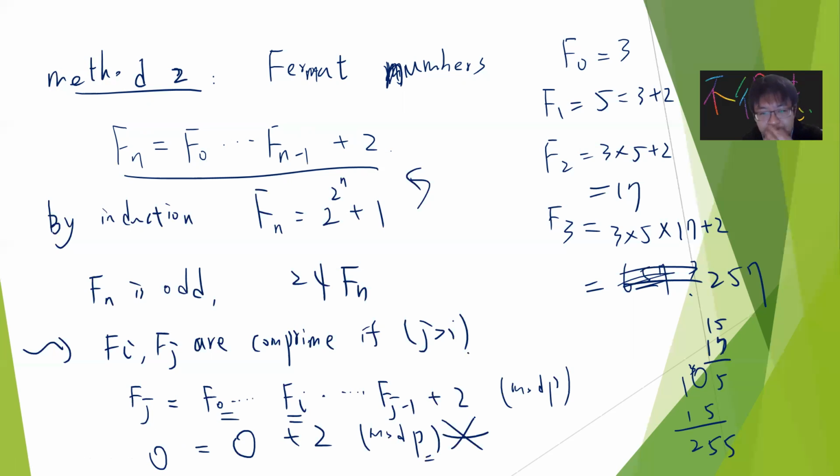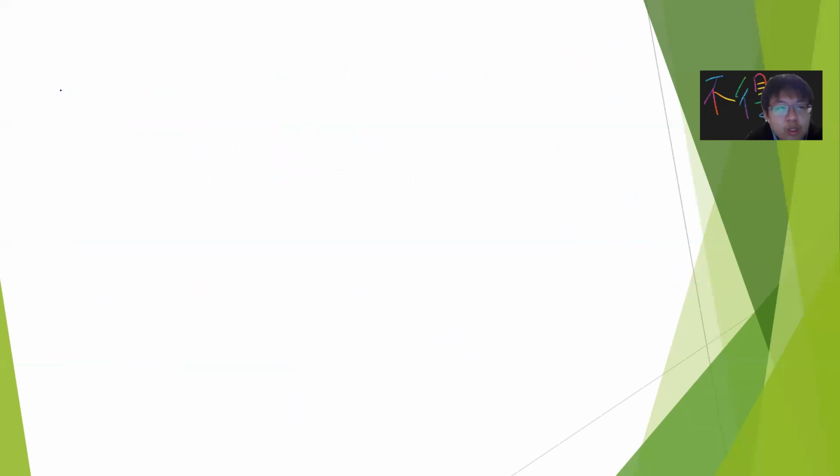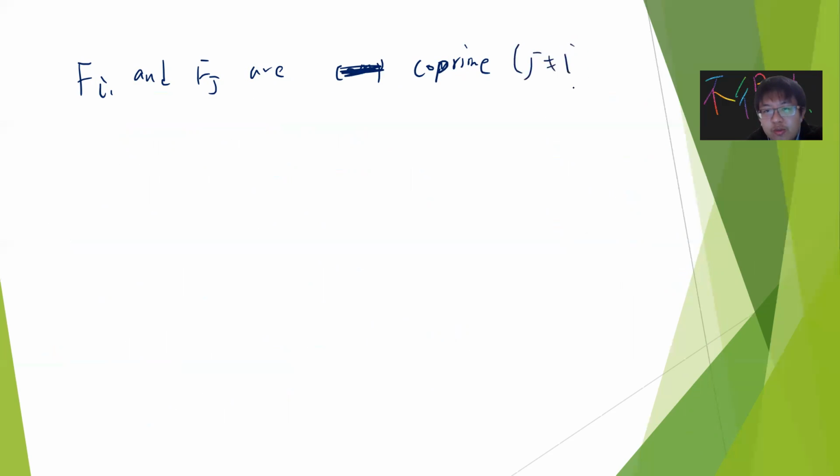So this is a contradiction. So what you got is that Fi and Fj are coprime, for different j different from i, which proves what? There are infinite primes.